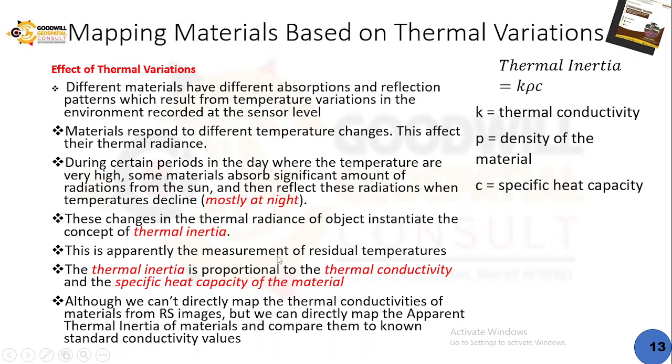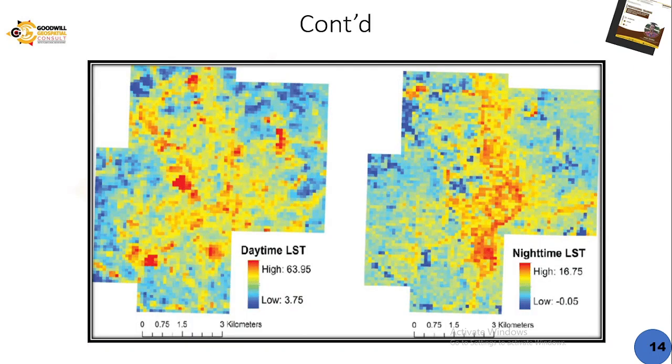Although we can't directly map thermal conductivities of materials from remotely sensed images, we can directly map the apparent thermal inertias of these materials and compare them to known standard thermal conductivity values, just as I discussed earlier.